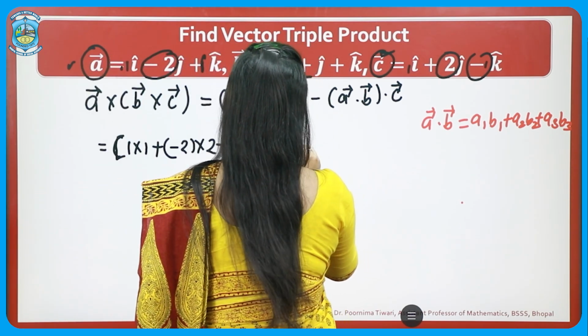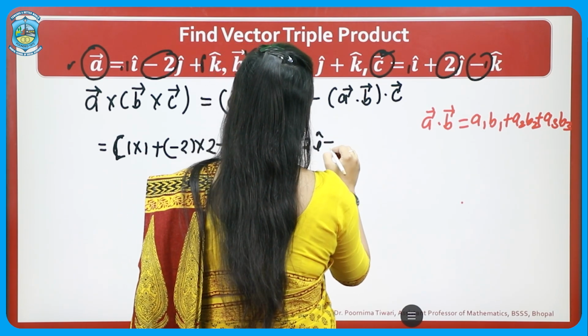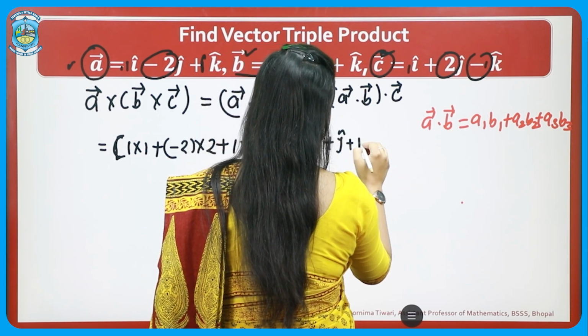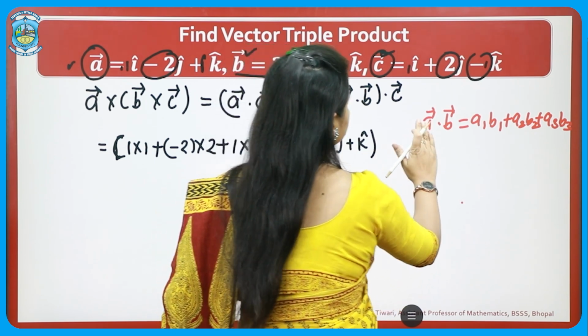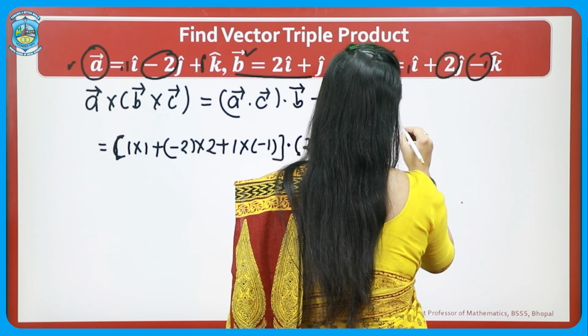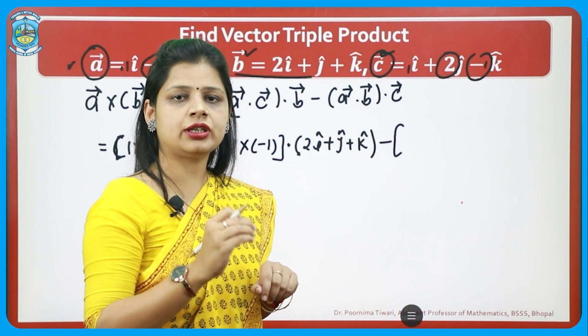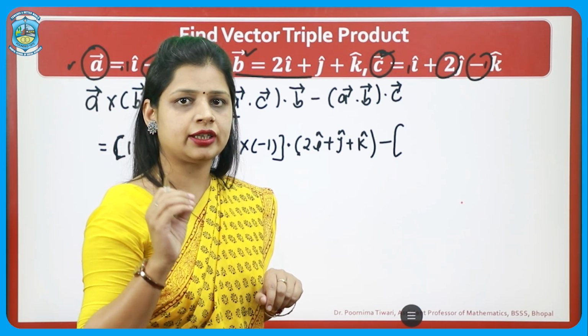Now, we will write this vector B, which is 2i cap plus j cap plus k cap, minus A dot B, that is A1 B1 plus A2 B2 plus A3 B3.